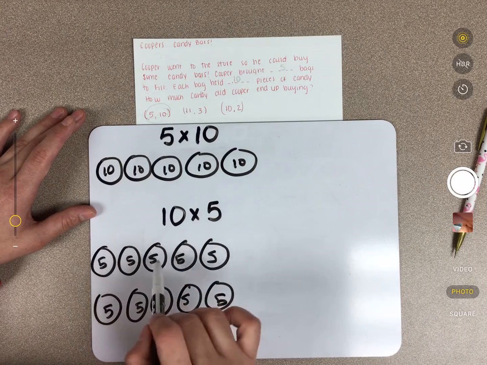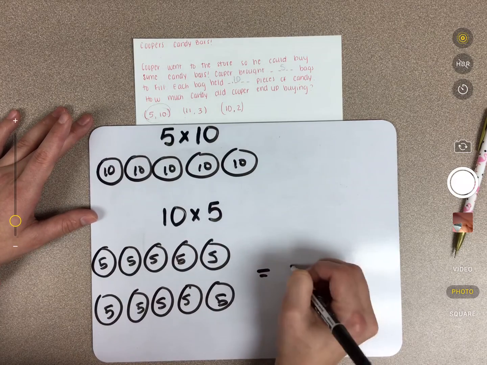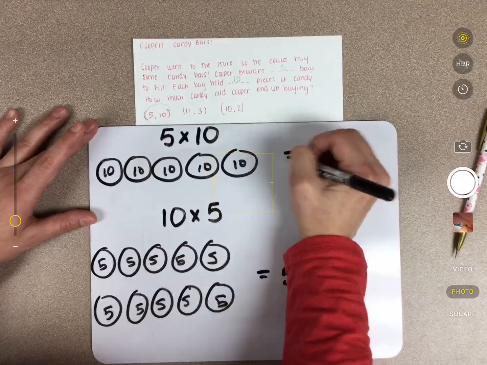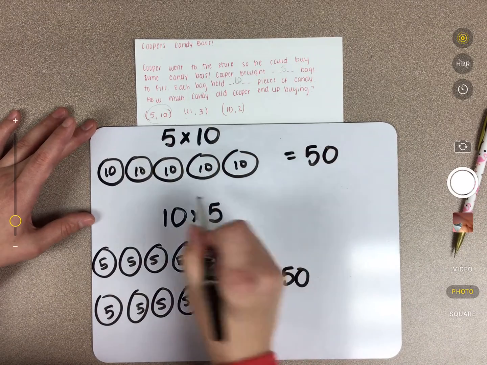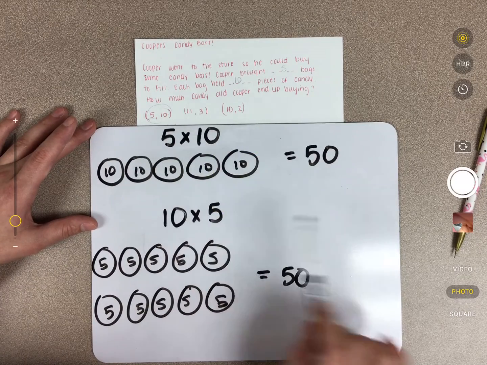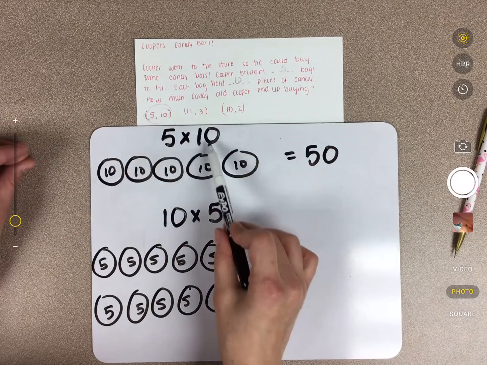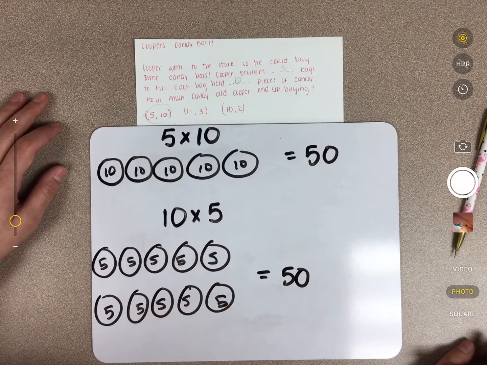So I can do 5, 10, 15, 20, 25, 30, 35, 40, 45, 50. I know that I have 50 pieces of candy. But we also said that this was 50 pieces of candy. But I got to 50 a lot faster when I did 5 groups of 10 versus 10 groups of 5, because it's quicker to do 10 five times than it is to do 5 ten times.